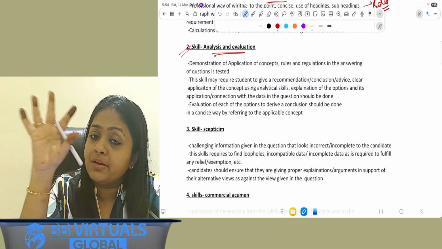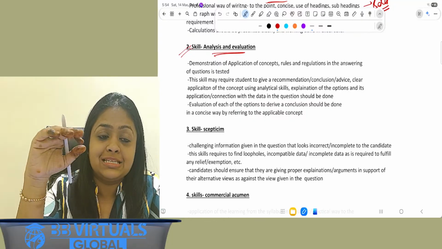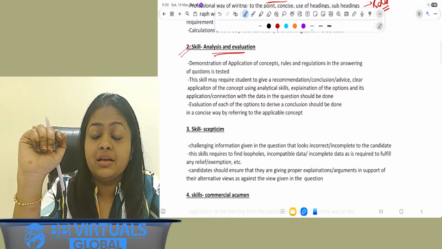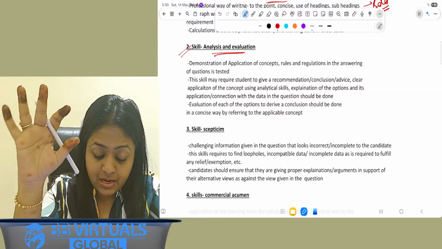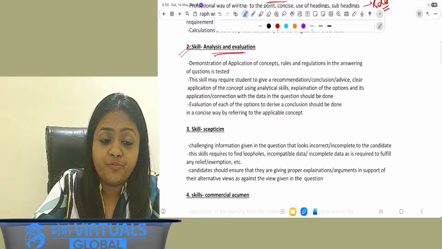So you are able to give the law, what is given in the law, and then relate it to the case study and give that evaluation in your answering. So this is evaluation and analysis, a very important part and it really gains you a lot of marks. Okay, let's go to the next one.